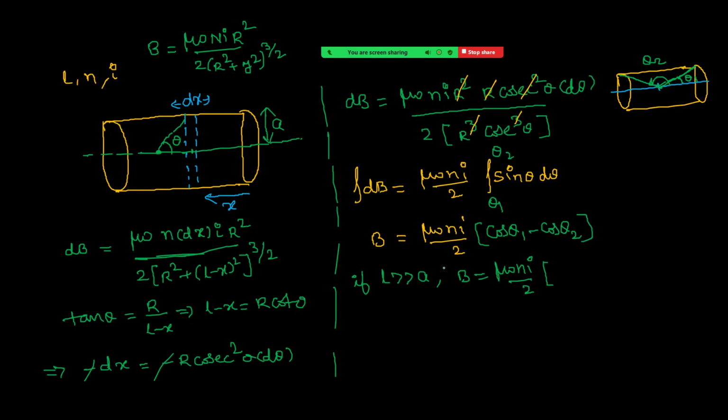See here what I am writing. In the place of cos theta 1, cos theta 1 is equal to cos theta. It's inside how much? It is L by 2 upon the hypotenuse, square root of A square plus L square by 4.